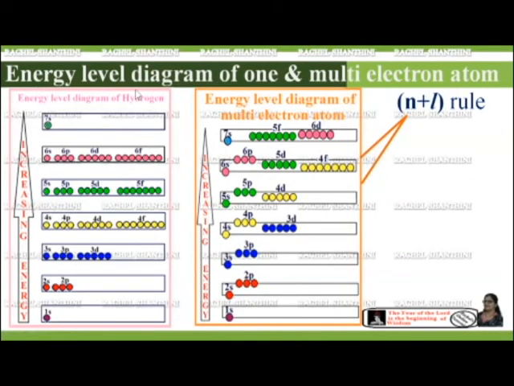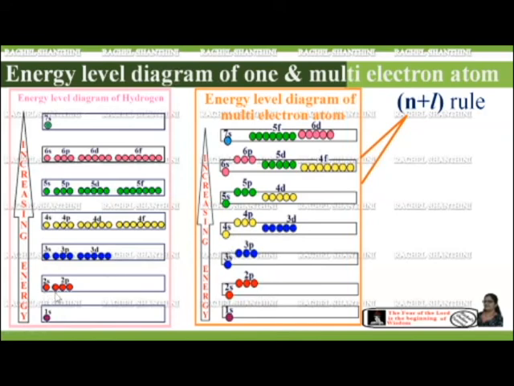If you look at the energy level diagram of a one-electron atom and a multi-electron atom, we can see the different subshells present in a particular shell. That is, if we take the L shell, the 2s orbital and 2p orbital have different energies in the case of a multi-electron atom, not in the case of a one-electron atom.